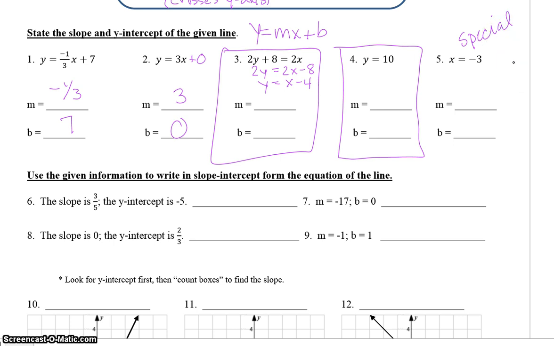This is actually a vertical line. And a vertical line is not going to pass through the y-axis unless it is going through 0. So there is no y-intercept. And the slope is going to be undefined. Okay?